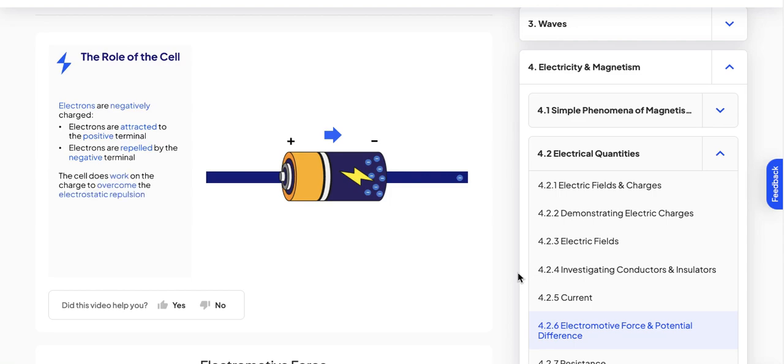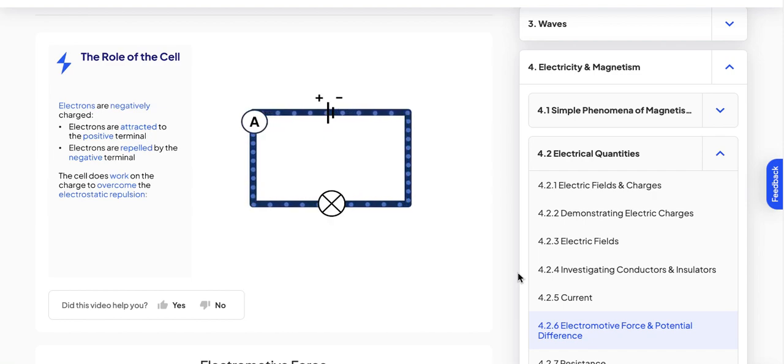That energy comes from the chemical store of the cell. The cell is the driving force that makes the charge flow. Without this, there is no current. So energy is transferred into the circuit from the cell, and energy is transferred away from the circuit by the components, such as a lamp.